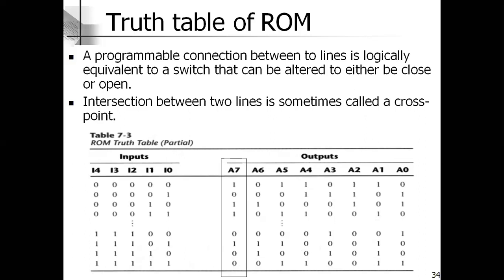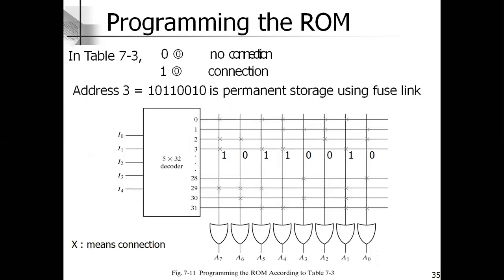Finally, from this truth table we have to draw the logic diagram, that is, programming the ROM, which contains the logic diagram for that 32 by 8 ROM. See here, 0 means no connection, 1 means connection.